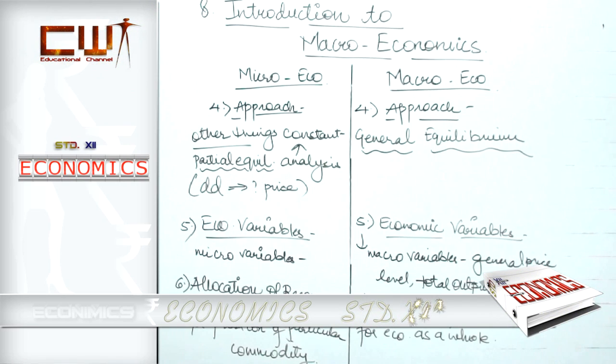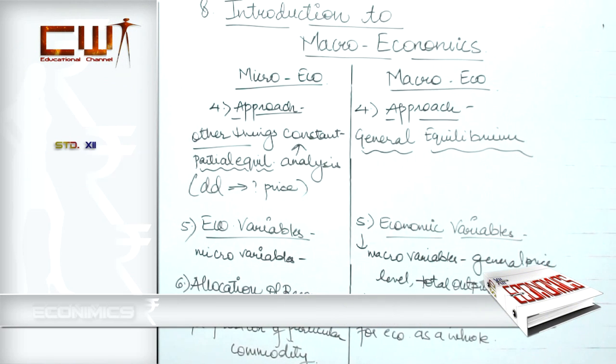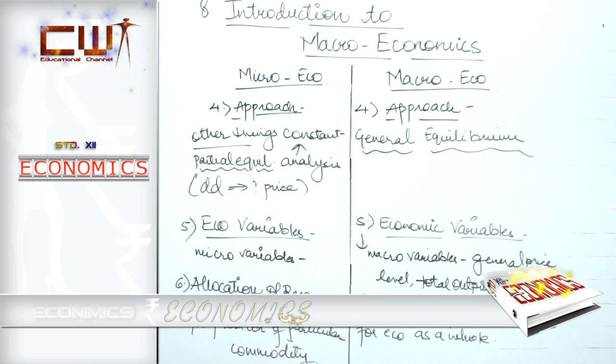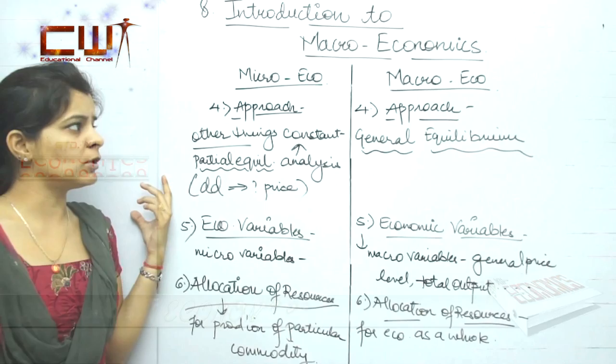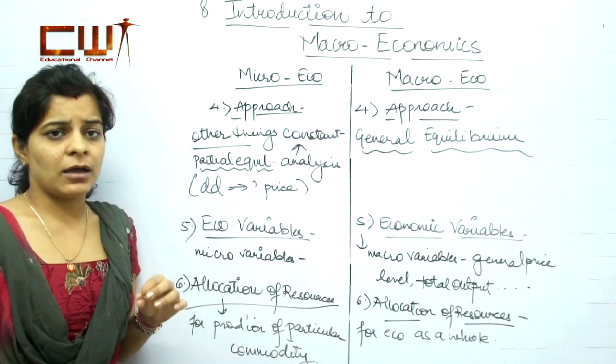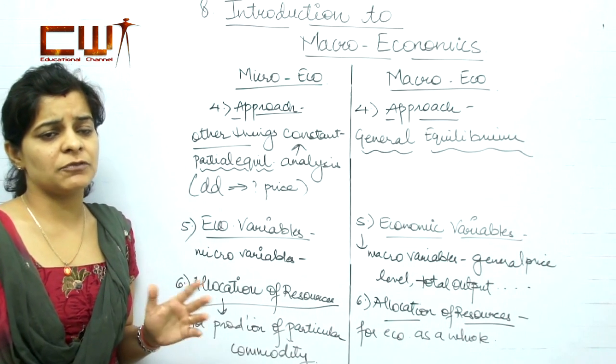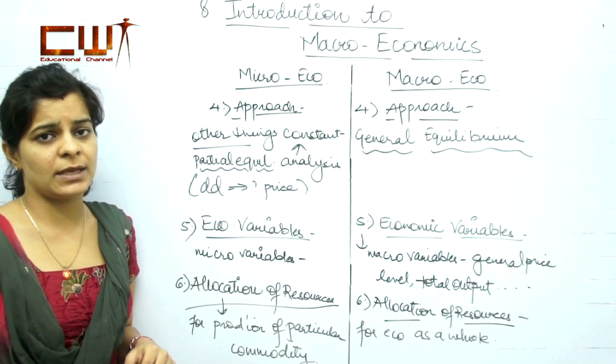This was chapter 8. We had done the meaning of macroeconomics. We have many definitions given by different renowned economists, such as Boulding, Hansen, and McConnell. With the help of definitions, we derived certain features of macroeconomics, which are very important, because until you know the basic facts about macroeconomics, it will be difficult to continue with the other chapters.